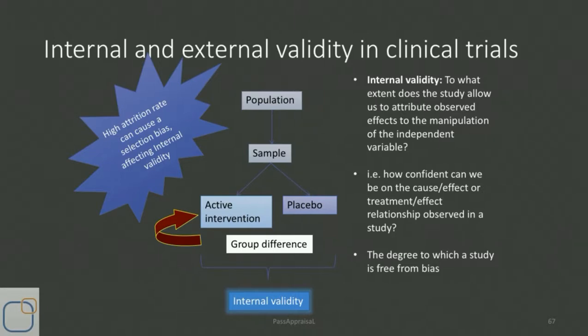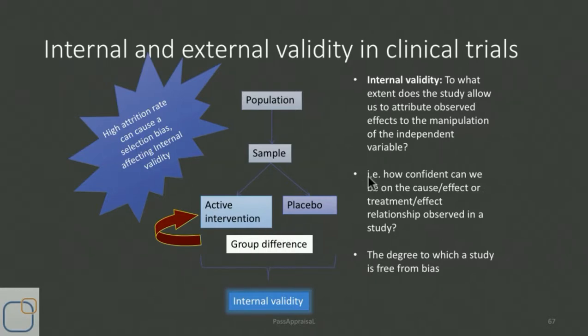Internal validity answers the question, to what extent does the study allow us to attribute observed effects to the manipulation of the independent variable? So you have two groups, active intervention group and the placebo group, and you compare them, you see a result. To what extent is the result that you observe because of the separation between the two groups? So in other words, how much can you trust the relationship between the exposure, the intervention here, and the outcome that is reported from your study design?